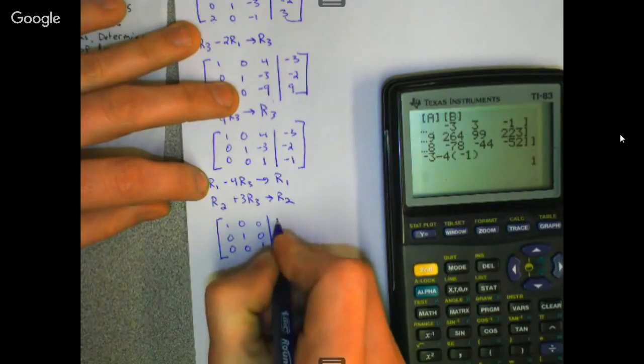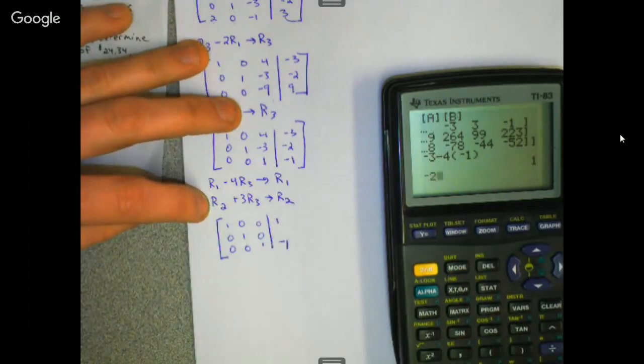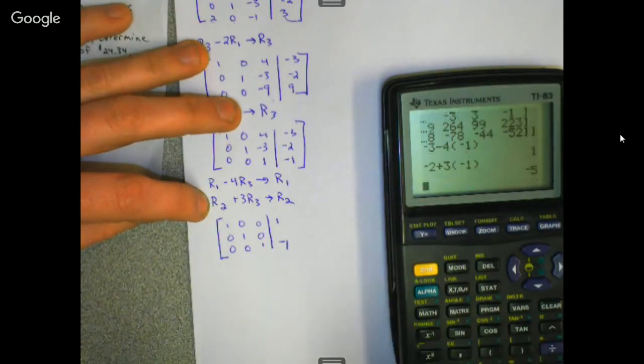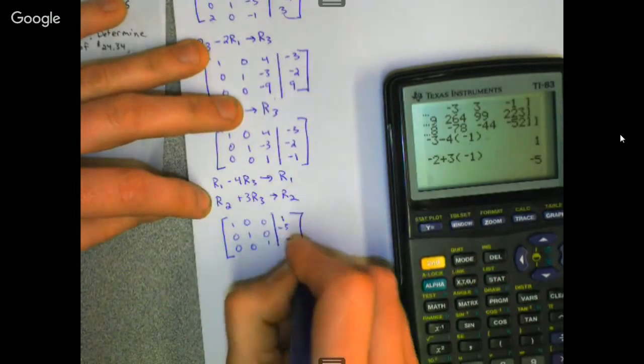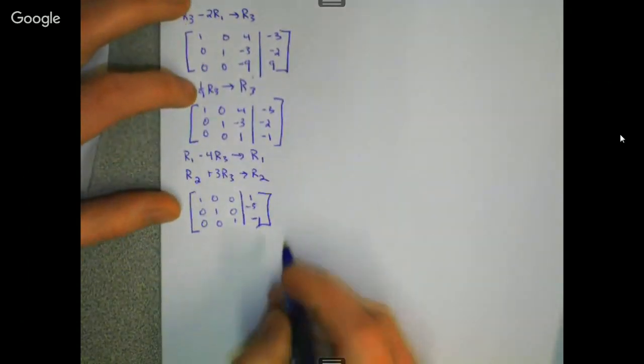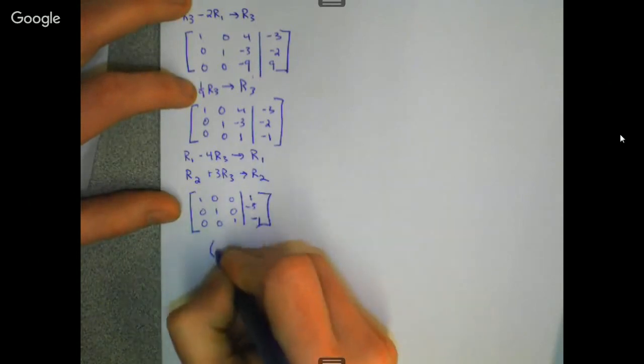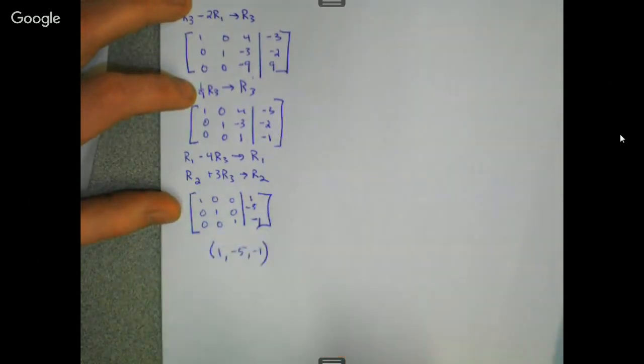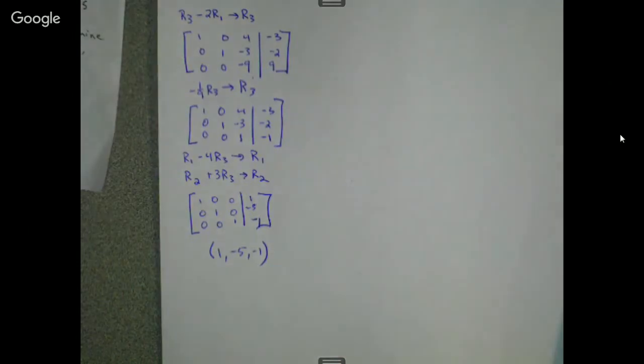So that's a 1. And then we have negative 2 plus 3 times negative 1. That's a minus 5. Okay, so we can definitely use the calculator to assist us when doing this. So here are your answers: 1, minus 5, minus 1. And that's it.